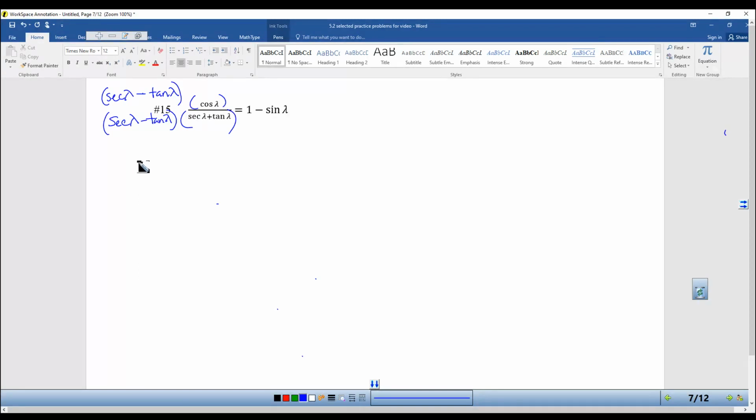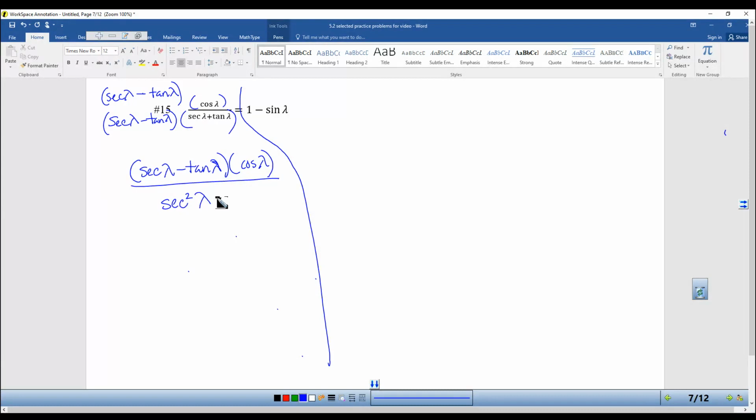So on the top, I didn't draw my line. I'm going to give myself a little more room here. Secant of lambda minus tangent of lambda times cosine of lambda all over, and if I FOIL that out, I'll get secant squared lambda minus tangent squared lambda.